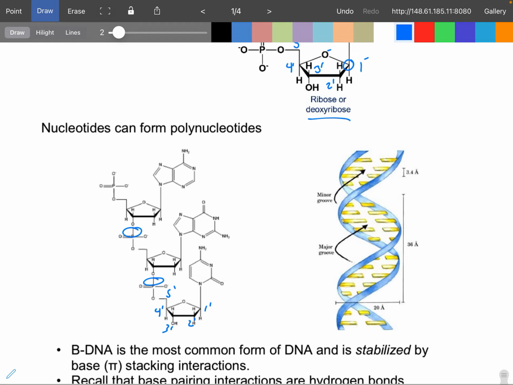And so this is the 3' end of the molecule on this end, because it has this available 3' hydroxyl group, it's not involved in a phosphodiester linkage. And on this end of the molecule, this is the 5' end, because it has a 5' carbon here that is not attached to another ribose via another phosphodiester linkage.